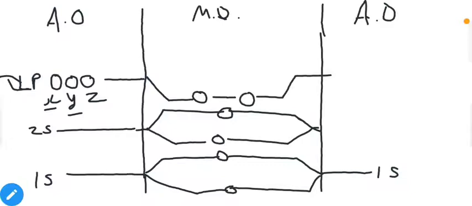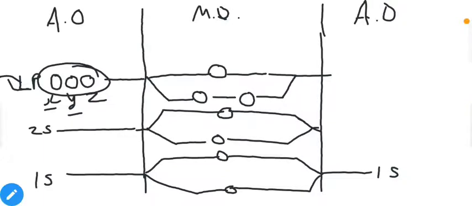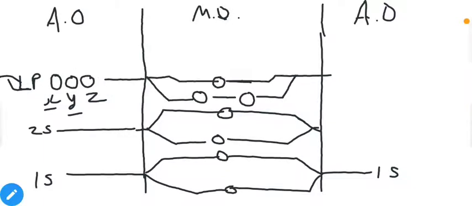Next will be 2pz. That means sigma bond formation from 2pz. It will be slightly higher than these orbitals. This orbital represents sigma 2pz.